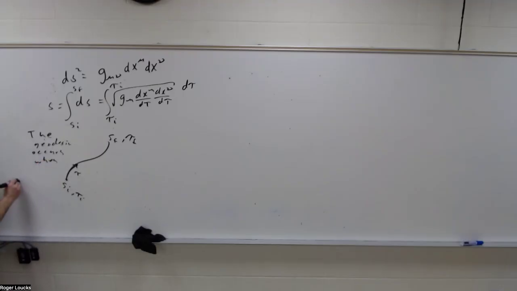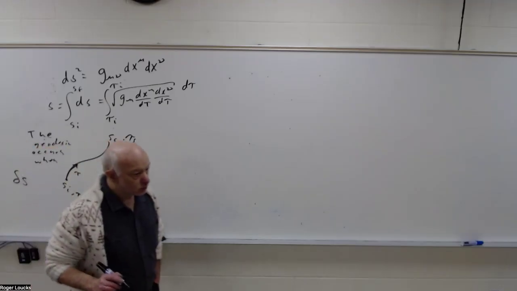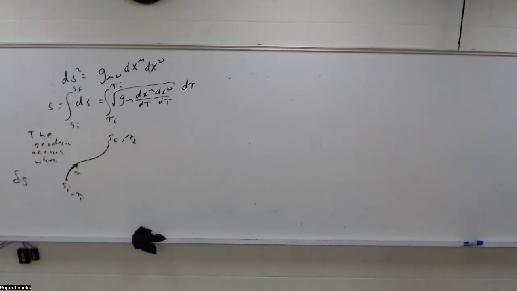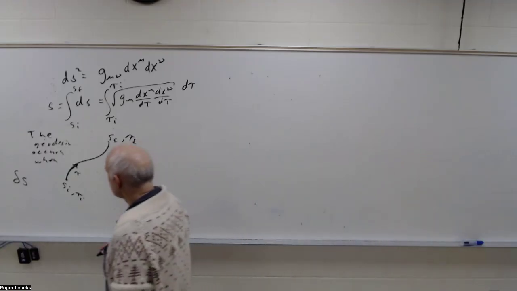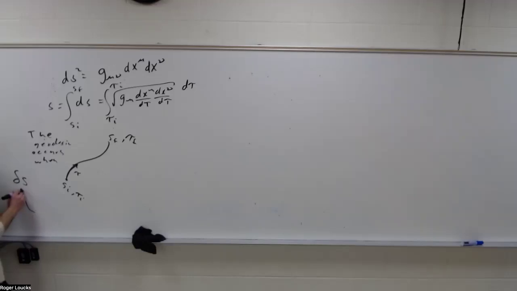when we look at a variation in this, so this is a variation. It's just like a d, but it's a variation in this. This equals zero.